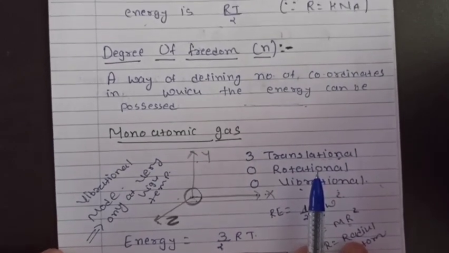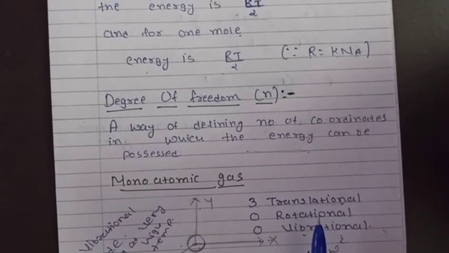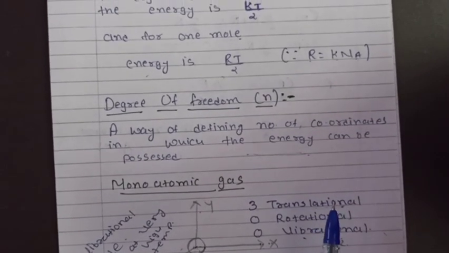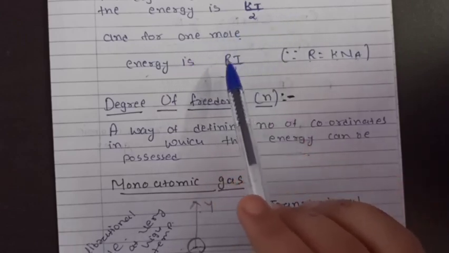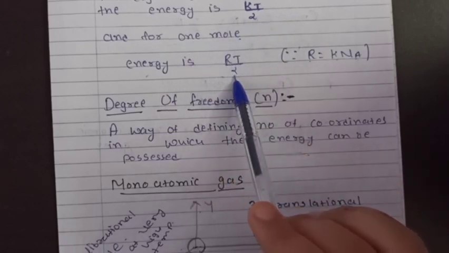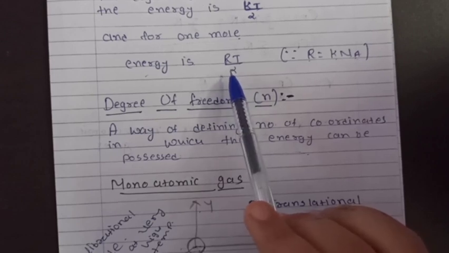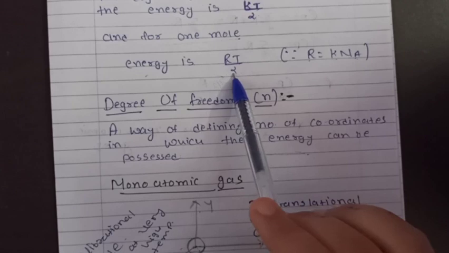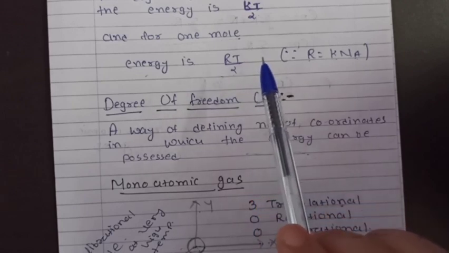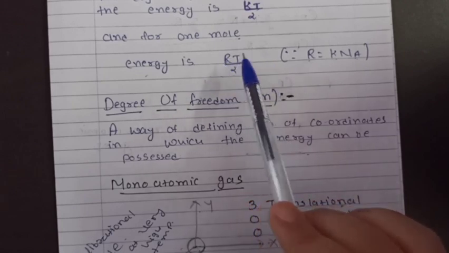Just as we have seen in the law of equipartition of energy, per mole per degree of freedom the energy is RT by 2. For 1 degree of freedom, energy is RT by 2.